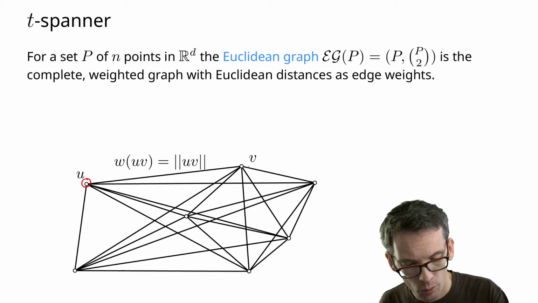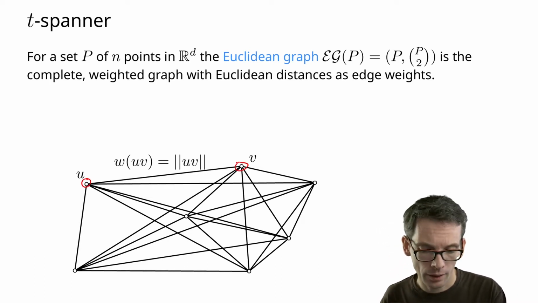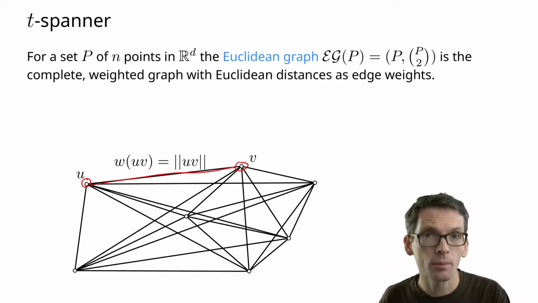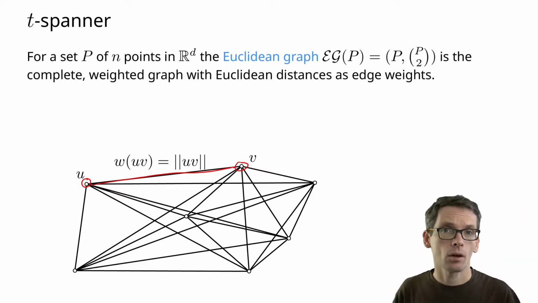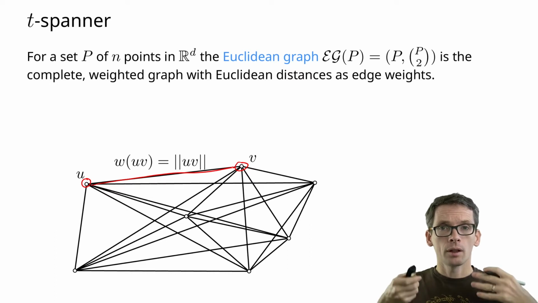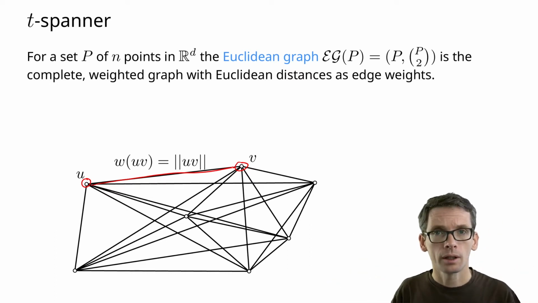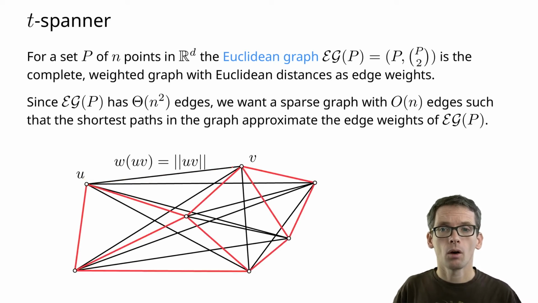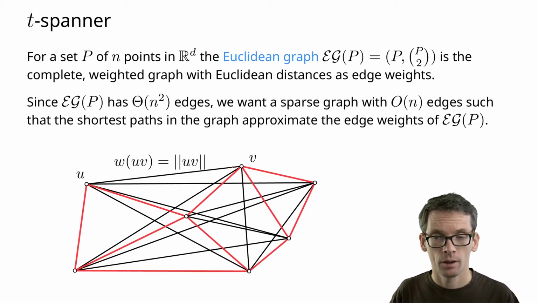So here I have u and v, and the weight of this edge is simply the Euclidean length of that edge. And on this complete Euclidean graph, we would now like to build a spanner of linear size. Yeah, so that's a goal.